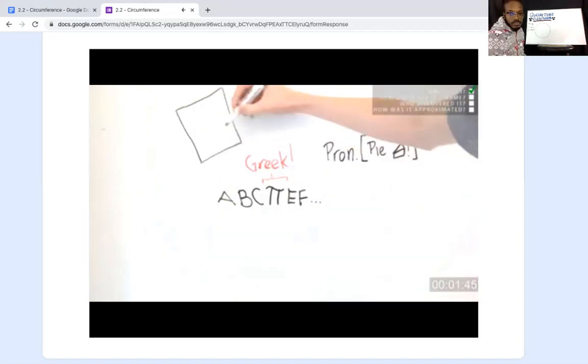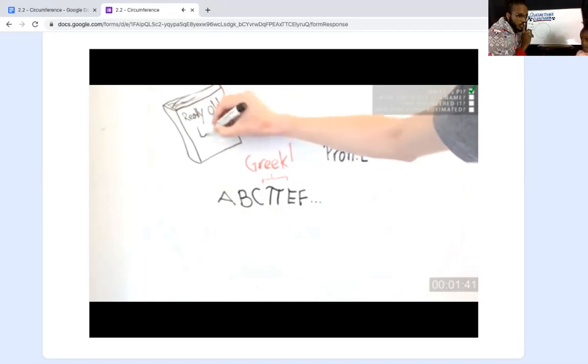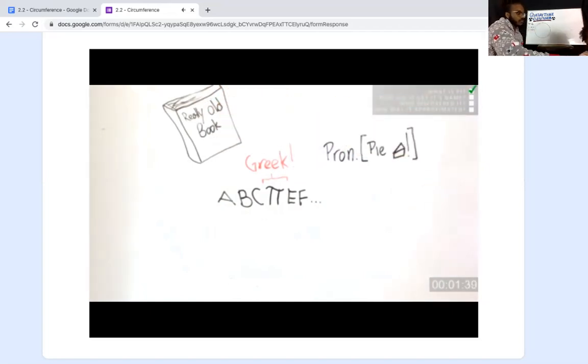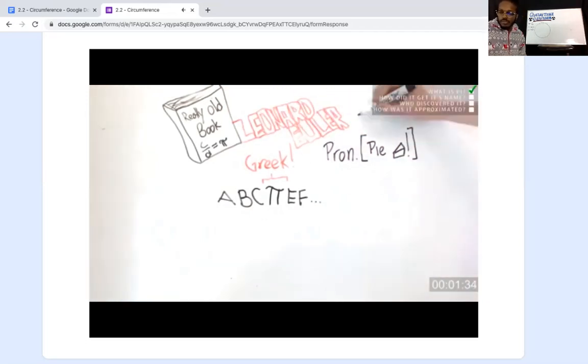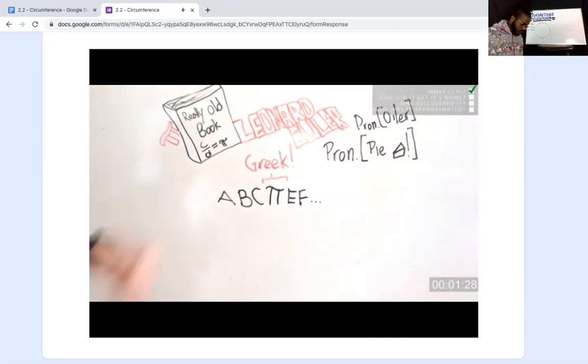Popularizing this notation of pi is a man from the past who published a book in 1736 in which he referred to the ratio of the circle's diameter to its circumference as the Greek letter pi. This man's name was Leonhard Euler. Yes, I know it looks like Euler, but it's pronounced as Euler. You might have heard of him. He didn't have a ton to do with the actual discovery of pi, but he's still a pretty cool guy.